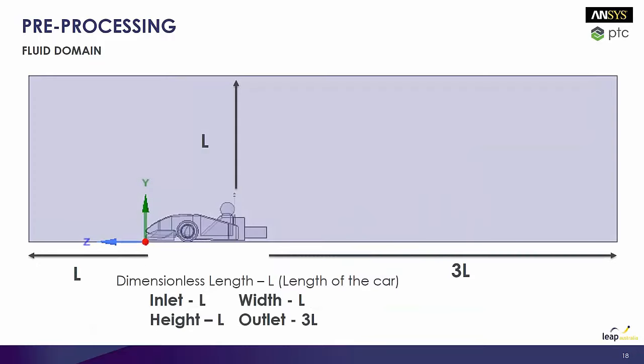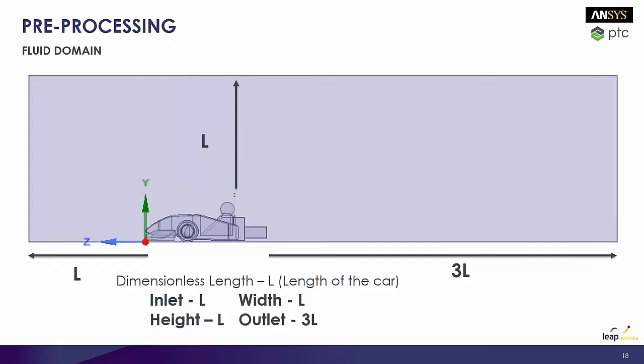And when it comes to creating the domain around the geometry, it's important to place the boundaries away from the car. This ensures that the flow around the car is not affected by the walls. It makes sure that the inlet profile isn't being affected by the stagnation region, and also that you're capturing the shape of the wake, and the outlet is placed away from the recirculation region.